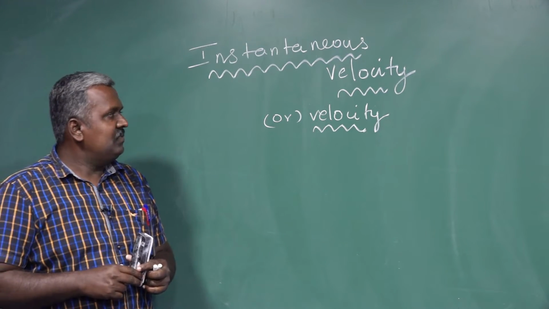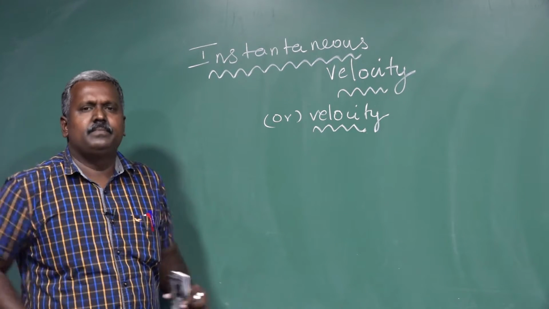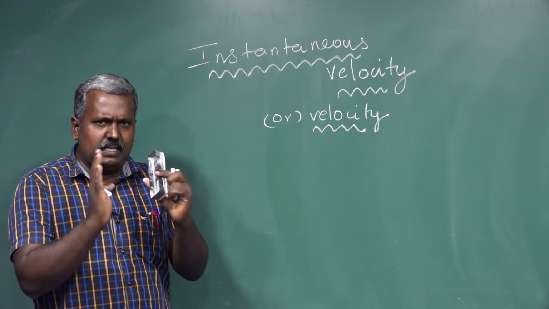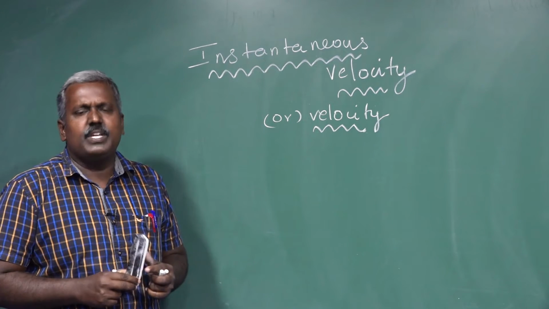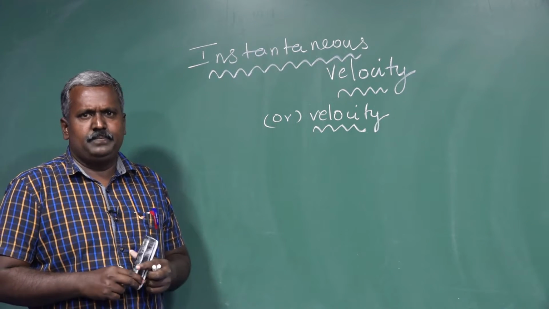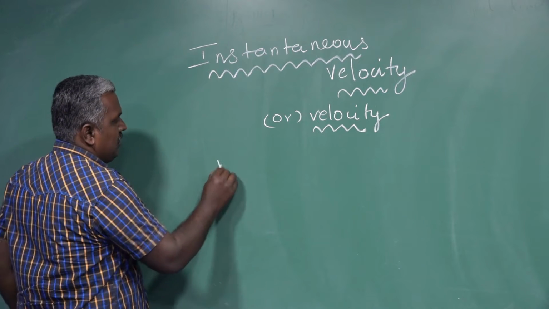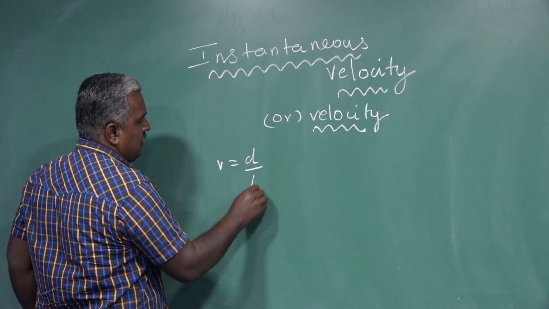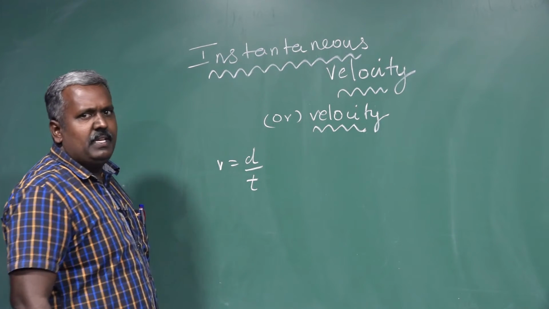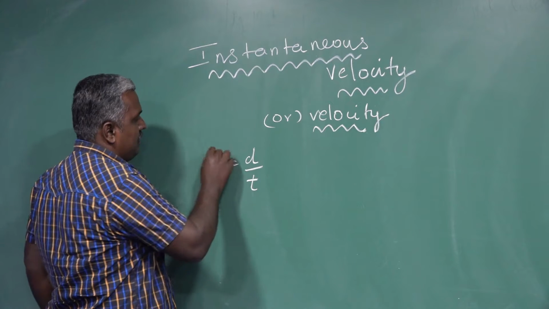What is meant by velocity? Generally, the basic definition is rate of change of displacement. So V is equal to displacement by time. This is the basic formula.